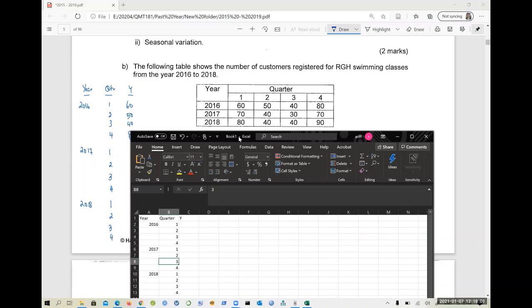And then we have the values over here: 60, 50, 40, 80, 70, 40, 30, 70, 80, 40, 40, and lastly 90. Okay, so that is our data.